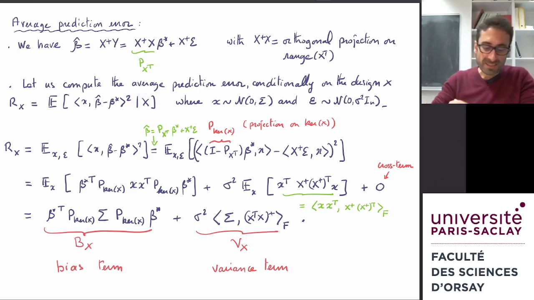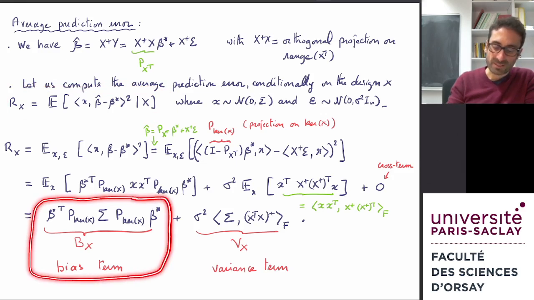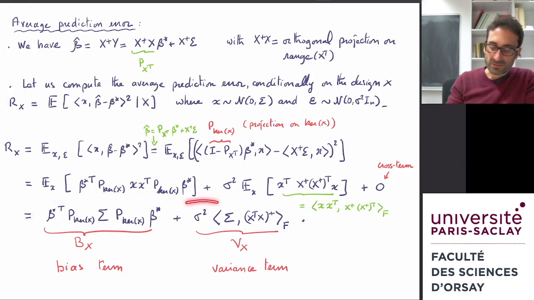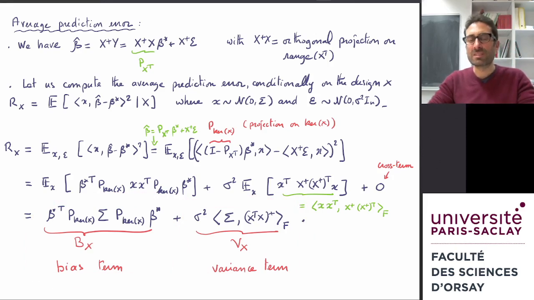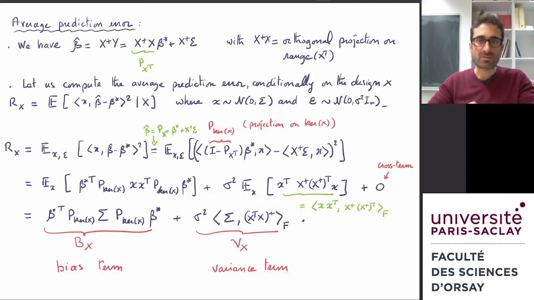What we have seen in this case is that this average prediction error is a sum of two terms. One is the bias term, which is given here, and the other is a variance term, which is given here. What you have in mind is that usually in high dimension, we have issues with the variance. So we mainly focus on this variance term, Vx, and we try to understand it.